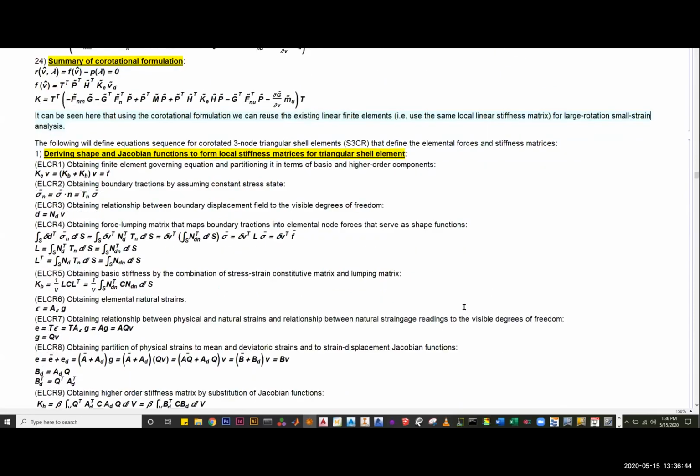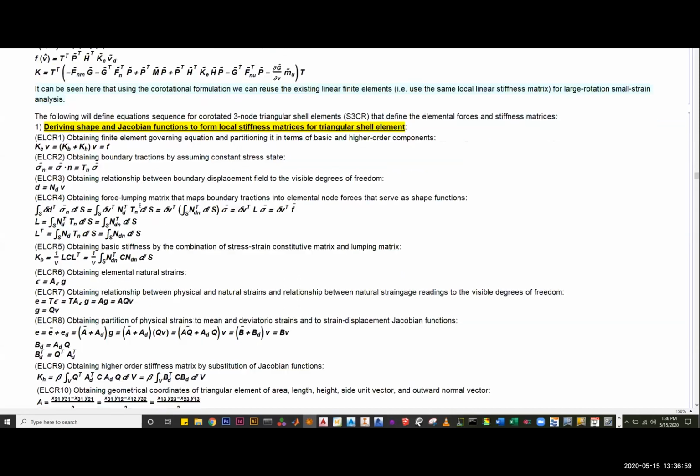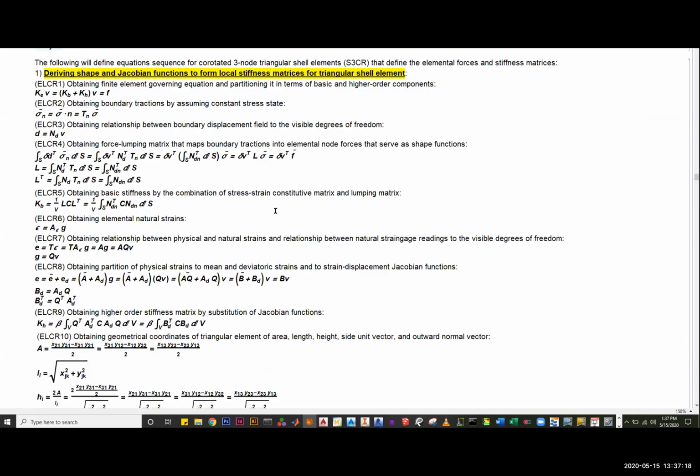I did code it, but I was only able to write the equations here for the 3-node, though for the quadrilateral they're pretty much the same. So I'll just go over the 3-node. For the triangular shell elements, the main steps are: as I mentioned, you can reuse the linear finite elements, using the same shape functions as for linear, but nonlinear in this case.